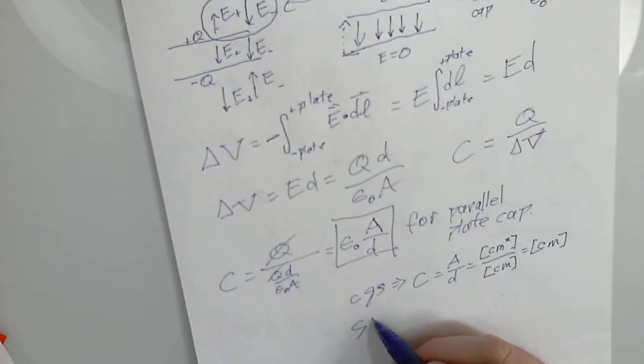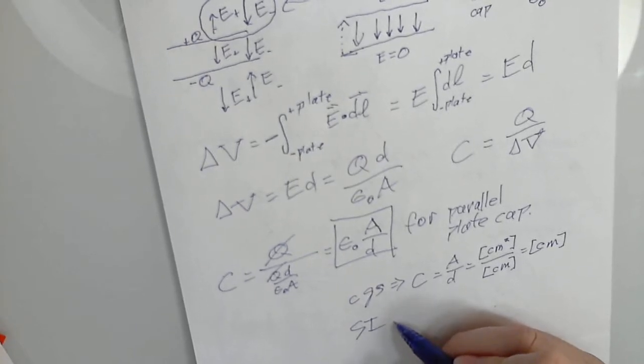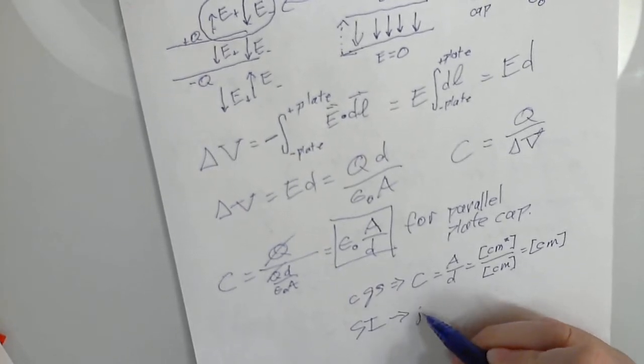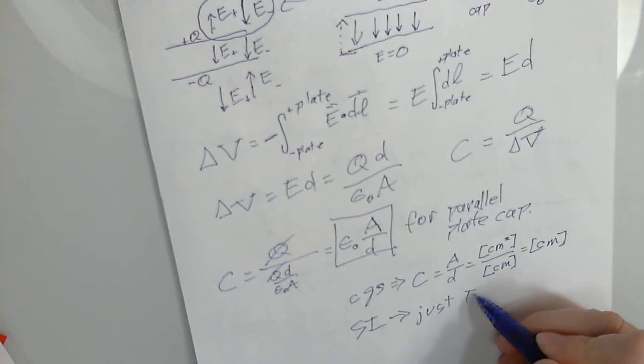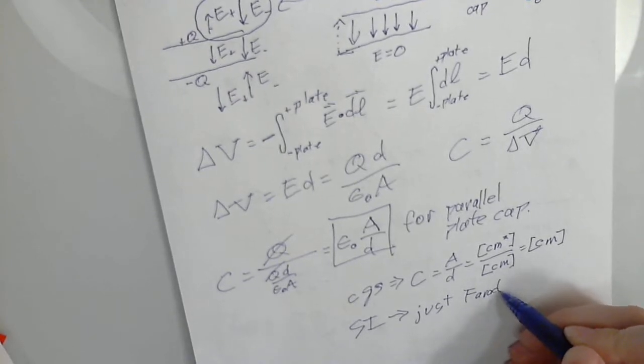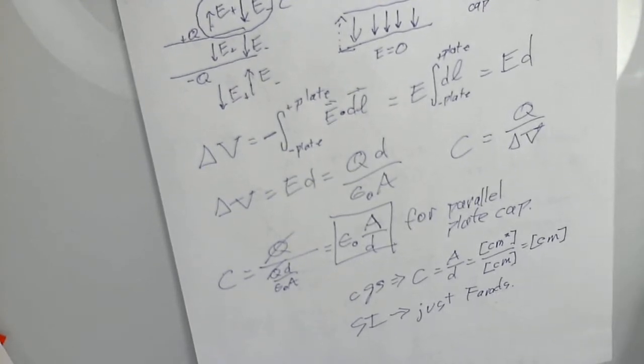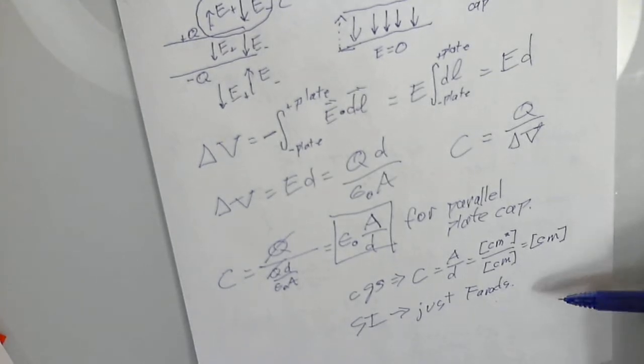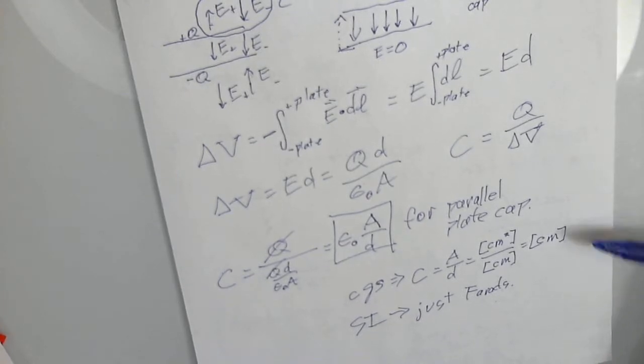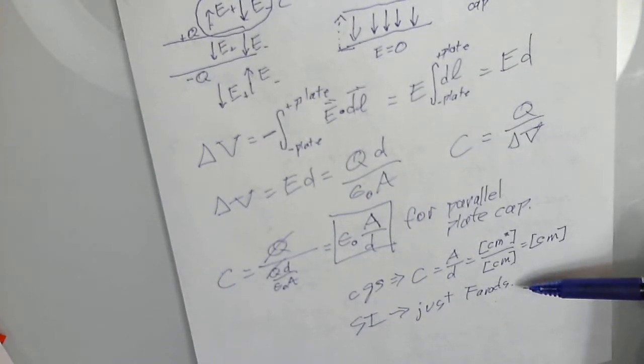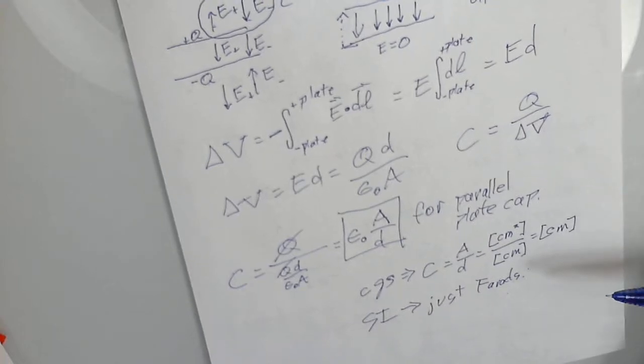For SI, you don't have this nice property, it's just farads, which is a special weird term, but fortunately every capacitor over in the electronics lab is printed with its capacitance in farads rather than centimeters, and so this is kind of the unit system that we're stuck with.